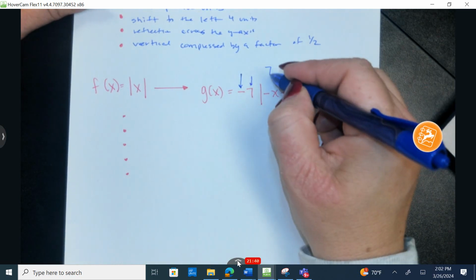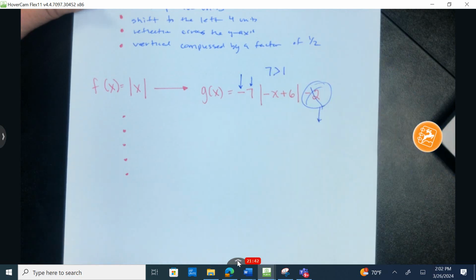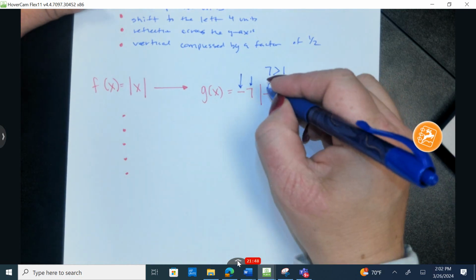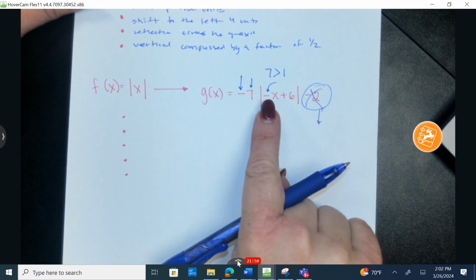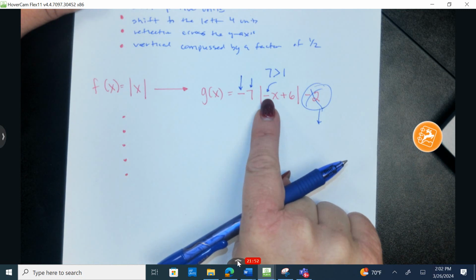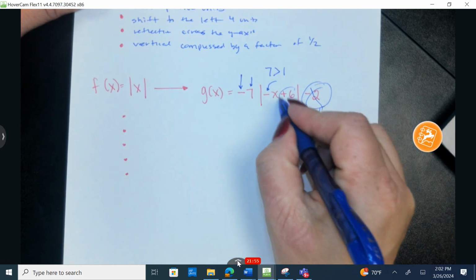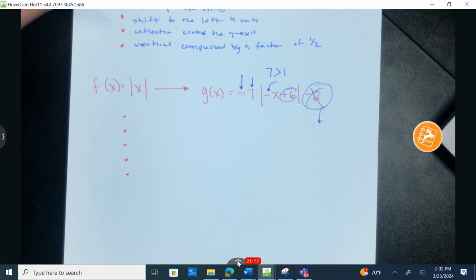The number 7 is your a value, it's greater than 1, so it's going to be vertically stretched by a factor of 7. We got a negative sign in front of the variable, so it's going to be a reflection over the y-axis, and right here we are going to horizontally shift to the left 6.